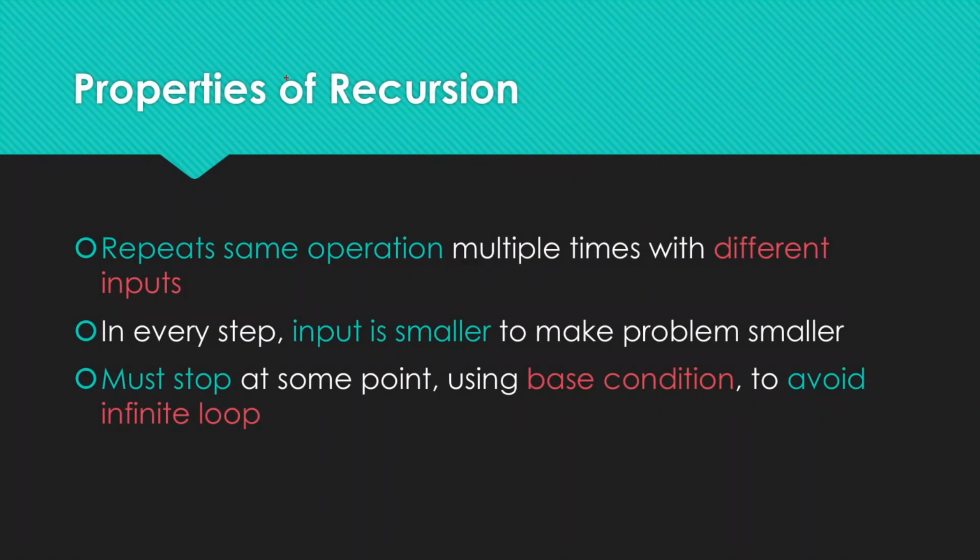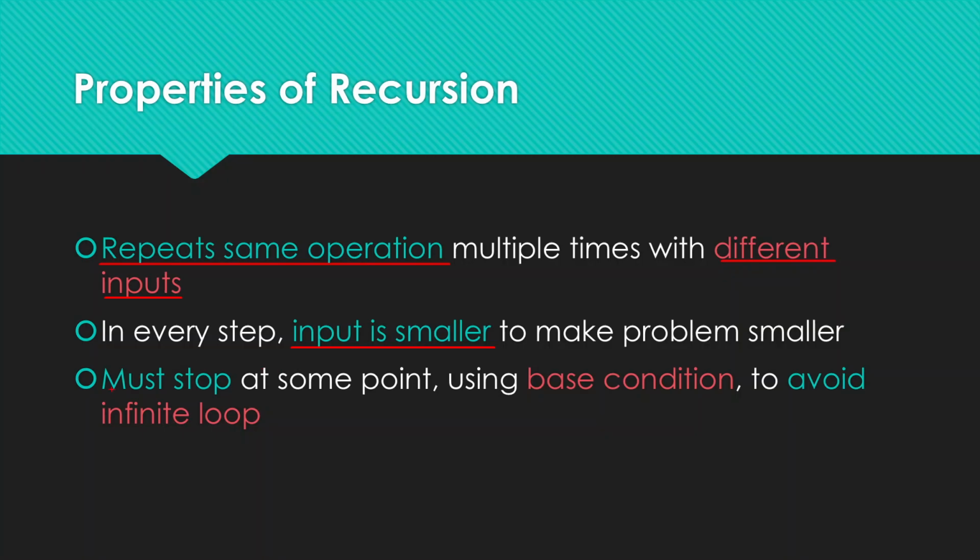Now, recursion has several properties, some of which we've already mentioned. Number one is that it repeats the same operation multiple times, but with different inputs. These different inputs are smaller on each step.